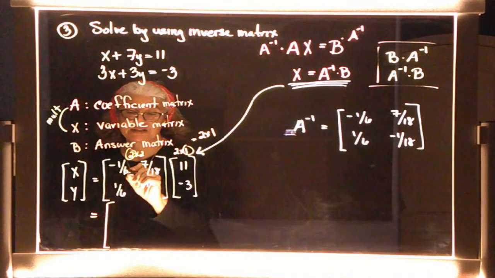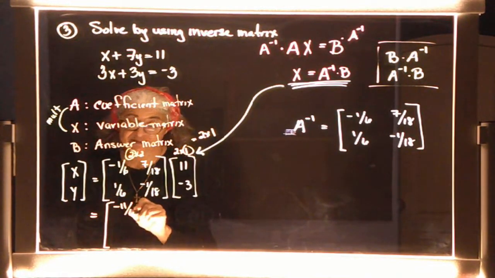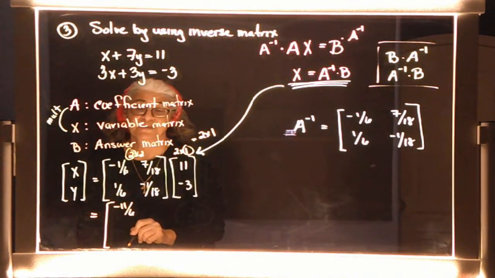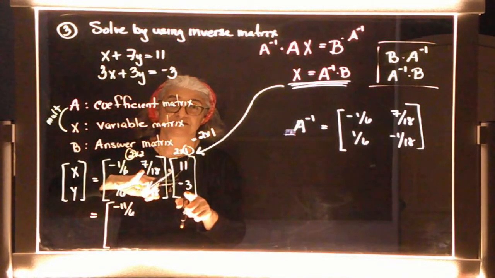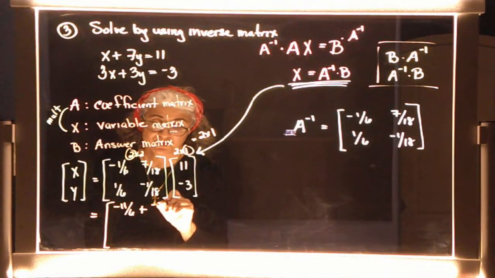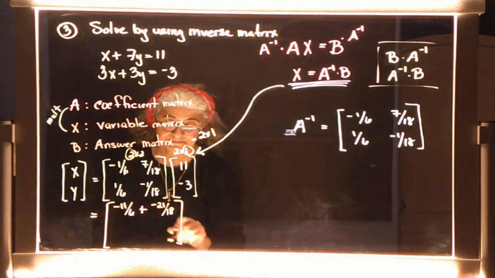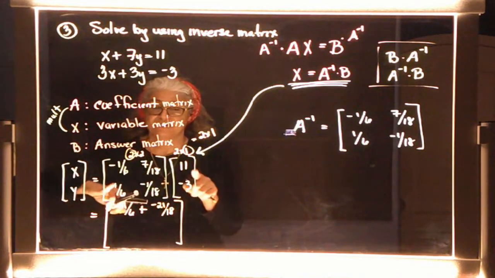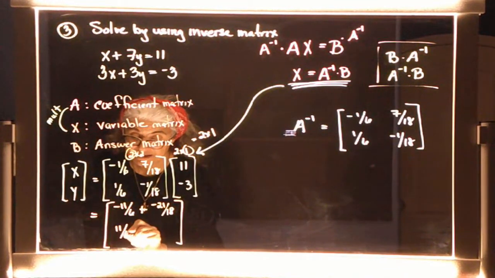So I have negative 1/6 times 11. That's a negative 11/6, isn't it? First number to first number, and then I have got 7/18 times a negative 3, which will be a negative 21/18, right? And then I've got 1/6 times 11, which is a positive 11/6.